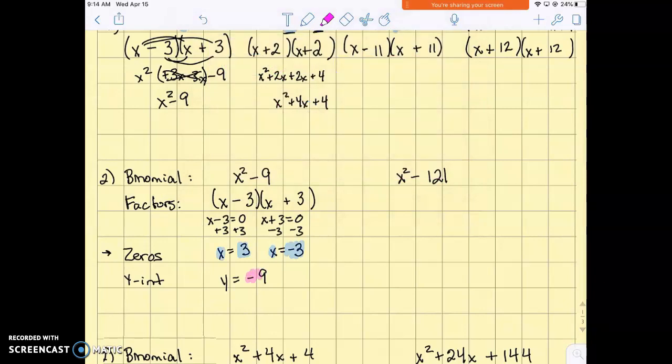And we have an intercept that's negative 9 on the y-axis. Okay, so I'm going to draw a nice little coordinate plane here. Actually doesn't need to be that big. So I'm going to have positive 3, I'm going to have negative 3, and then I'm going to go up to, oh, I need to go down.